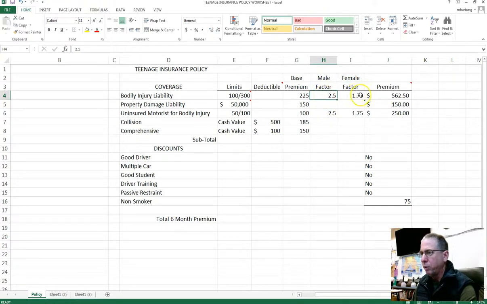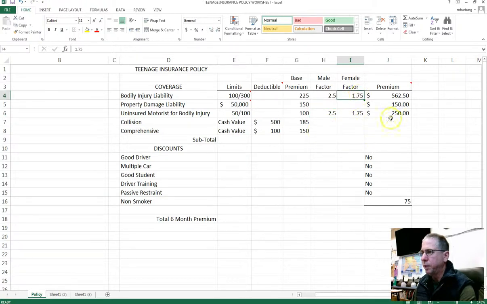So go ahead and put those numbers in, and then put these factors in for liability and uninsured motorist. And for the female, put those factors in, and then we'll do a formula when we get right here. So if you need to, go ahead and pause and put those numbers in.